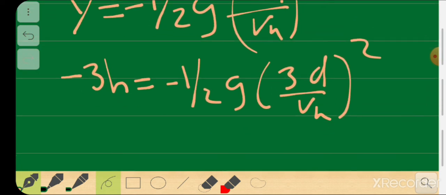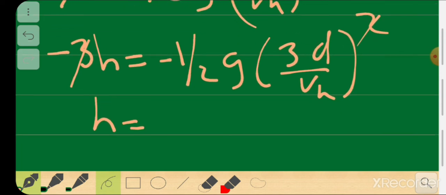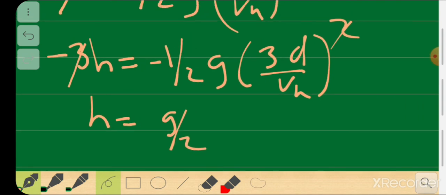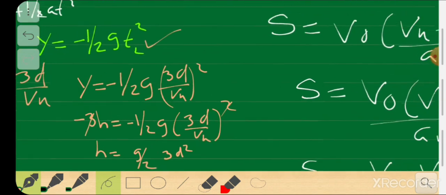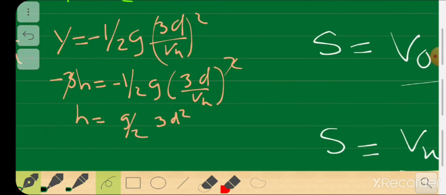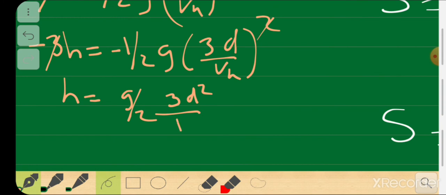So you cancel out things right here, the 3 and 3 cancel out, and you get h is equal to g by 2 times 3d squared by vx squared.